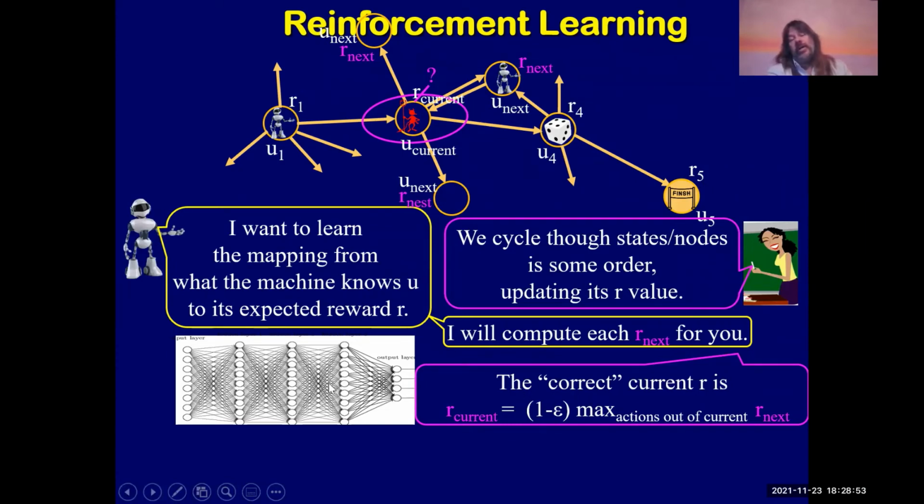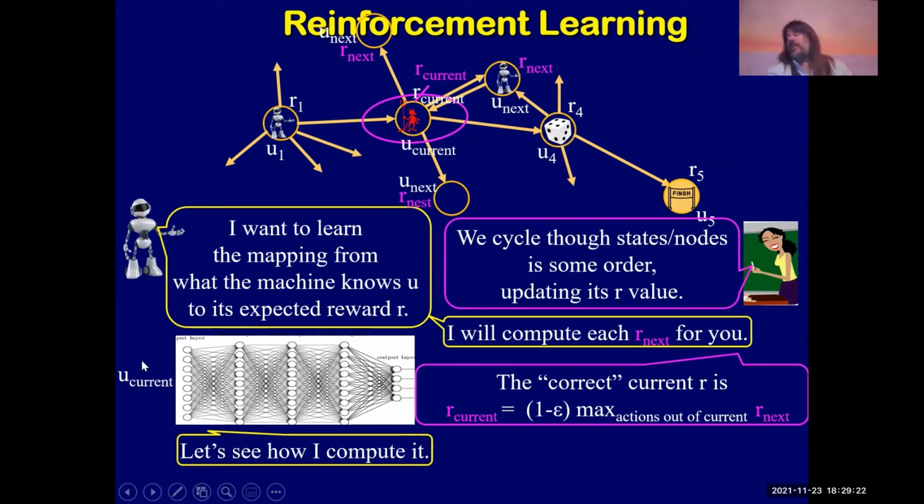So now what we're doing is we know what the output should be here. We have a supervisor who in some ways knows what the output is supposed to be. So how do we learn? We want to change this value from the white current R value to the purple current R value. And how do we change it? Well, the machine will say, oh, what do I compute it as, given the placement of the pieces here?